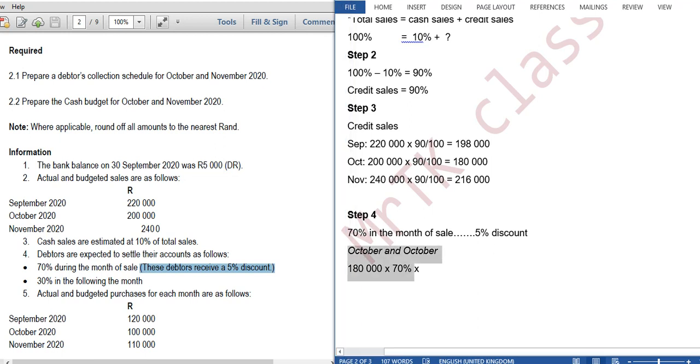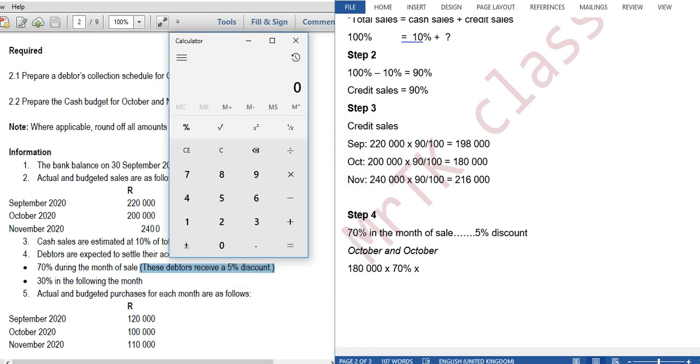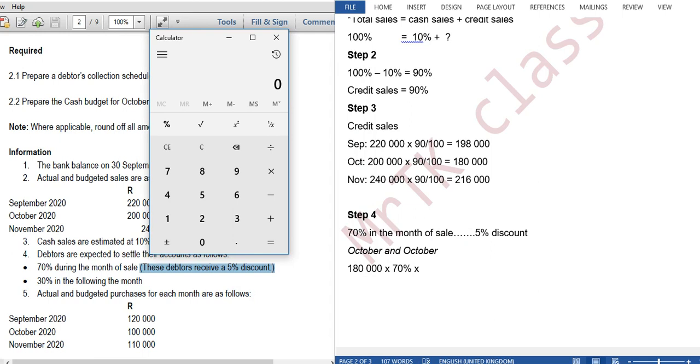So this one, 180,000 multiplied by 70%. Let me just do it this way, then I'll do it the way that you should know that is easier. This one is for explanations. Multiplied by 70 over 100. It means initially this is what we should receive in the month of sale, right? But now we are giving these people a 5% discount, which means you're not gonna receive 126,000.